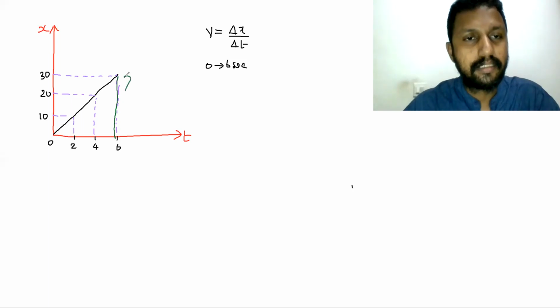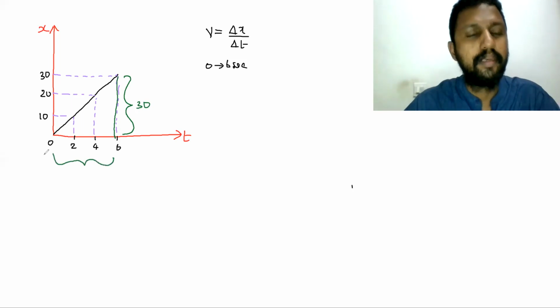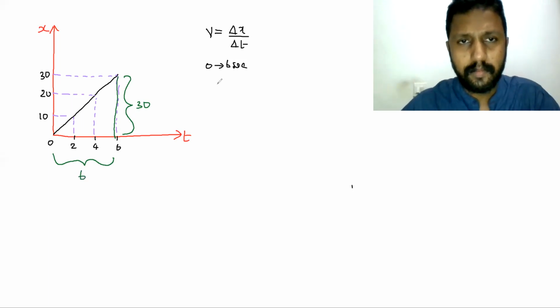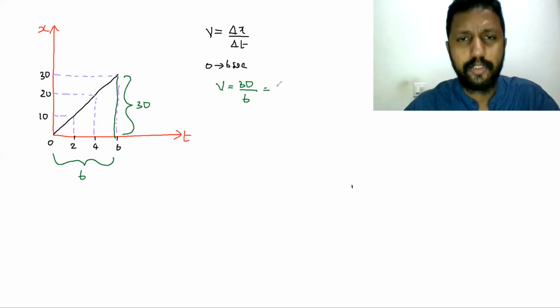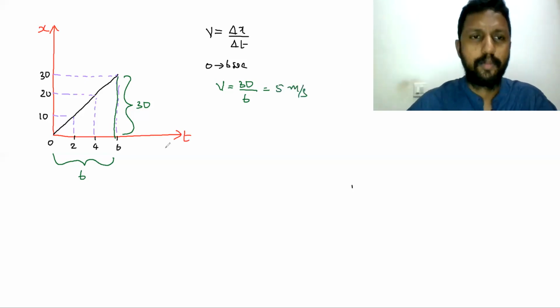This distance will be 30 minus 0, that is 30. This distance will be 6 minus 0, that is 6. Then velocity will be 30 by 6, that is 5 meter per second, as in the previous problem.